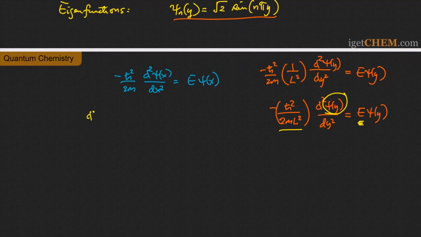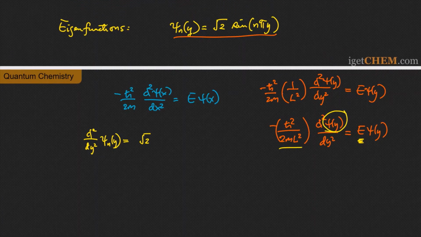So d squared dy squared psi n of y is equal to, each time I differentiate, I will get out a factor of n pi, and twice differentiating the sine will give me a negative sign, so I should get a negative n pi squared, and I should get back a sine of n pi y.